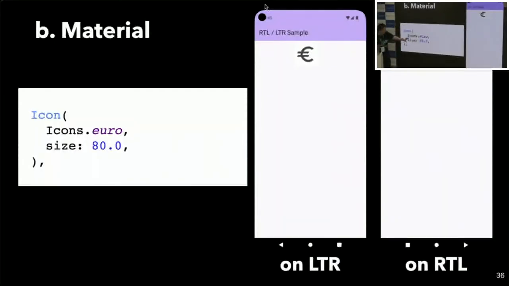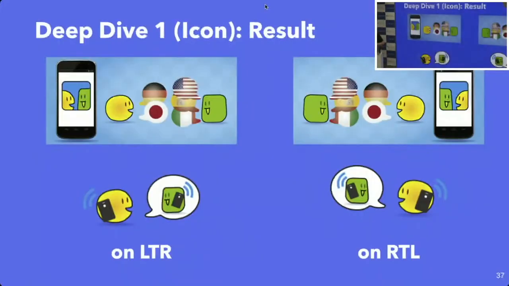I don't add any magic property, but this euro icon doesn't have any default property, so this icon direction should stay the same. It's the background of a material icon. Okay, by using this one point, my image direction can be implemented as I expect.